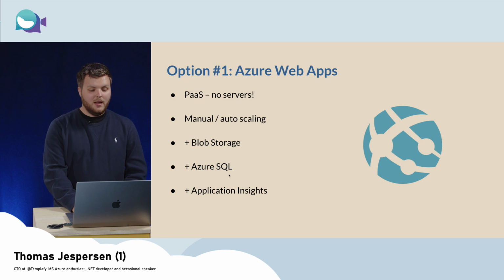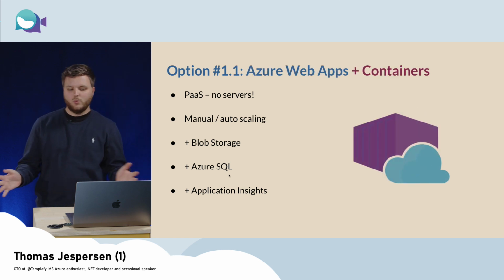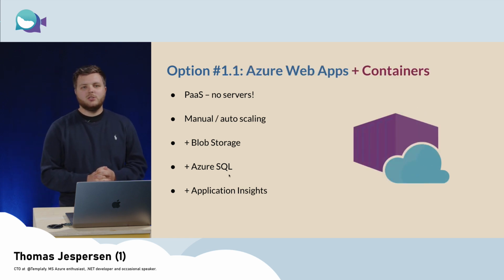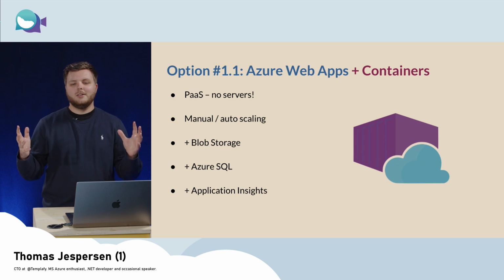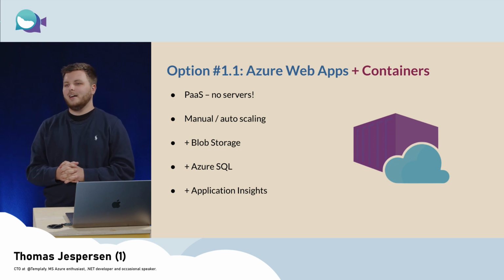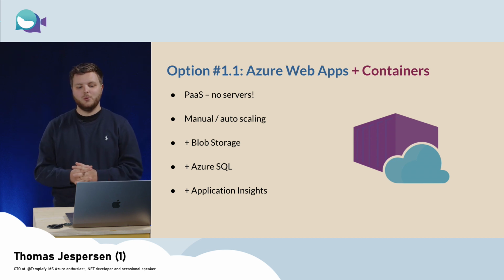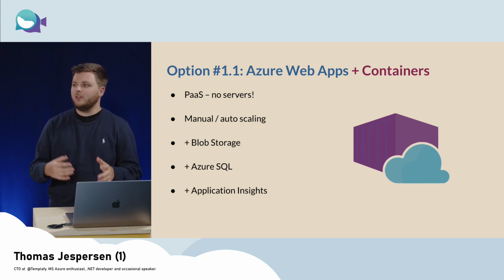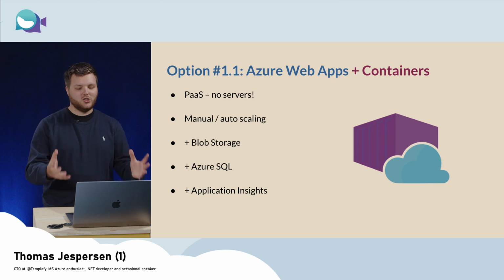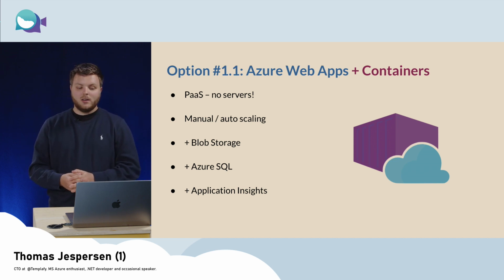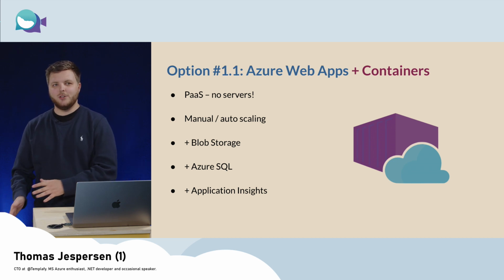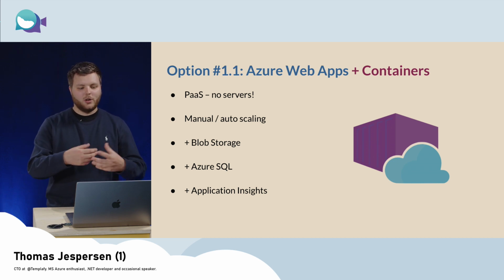Now we have another option where perhaps you wanted to unlock another tier of hosting options here, Kubernetes for one, or perhaps you've just decided that you've containerized your application and you'd like to ship all of your application within a container. You can run containers on web apps themselves, so you don't have to deploy your code straight there.